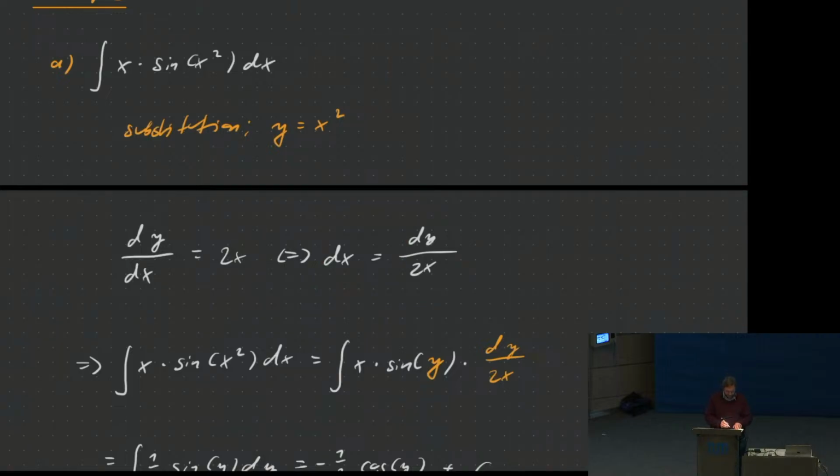And now we take that integral here. We replace our dx by dy over 2x, the expression that we just got here. So that's coming from here. And also we replace x squared by y, because that's the substitution that we started with.